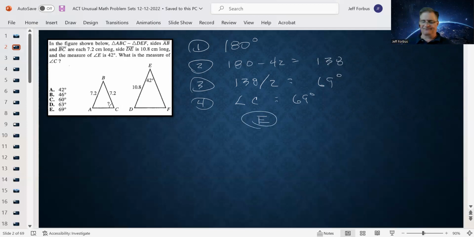Now, many people could have just looked at the figure, looked at the information there, and just said, oh, they're talking about similar triangles, didn't even have to read the question, and then made the calculation. I realize not everybody's the same, so that's why I went ahead and read the question.